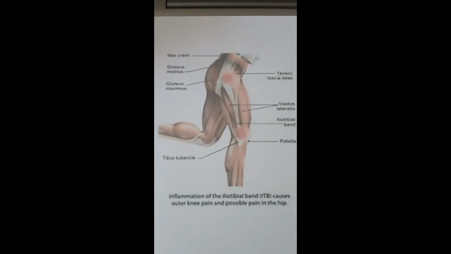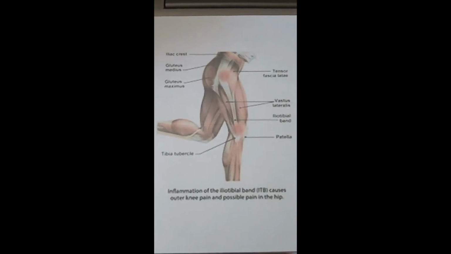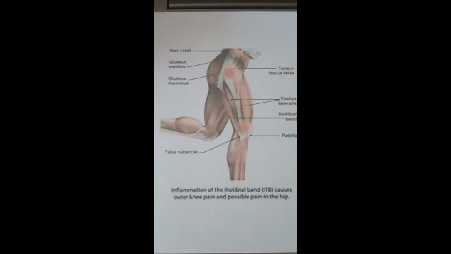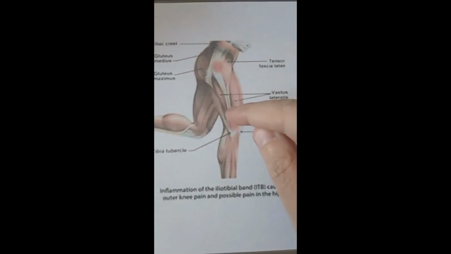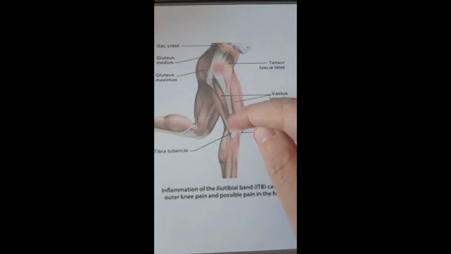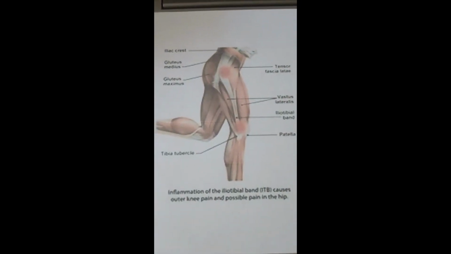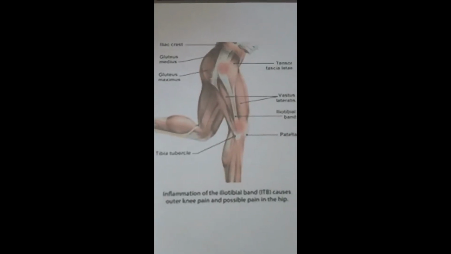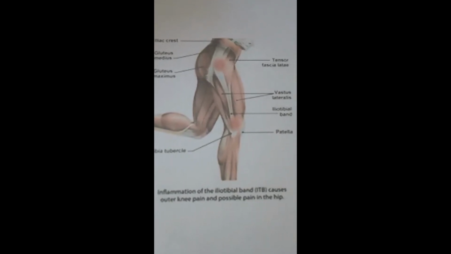So basically a tight IT band can cause knee pain on that outer edge of the knee. This, as we've said, is due to inflammation where that band crosses the end of the thigh bone, and pain usually starts as a pricking sensation, but it can develop into more of a stabbing pain.